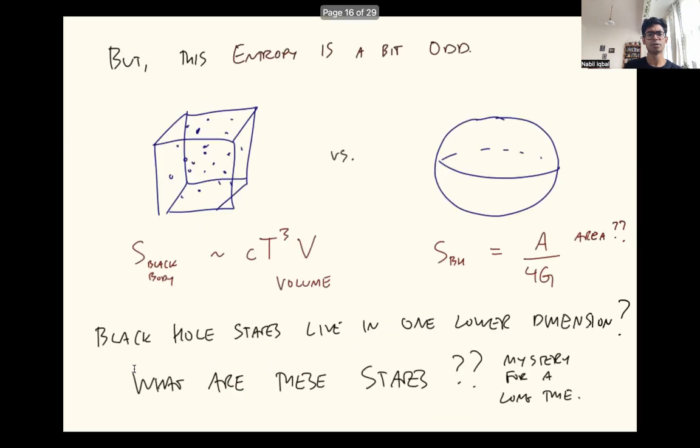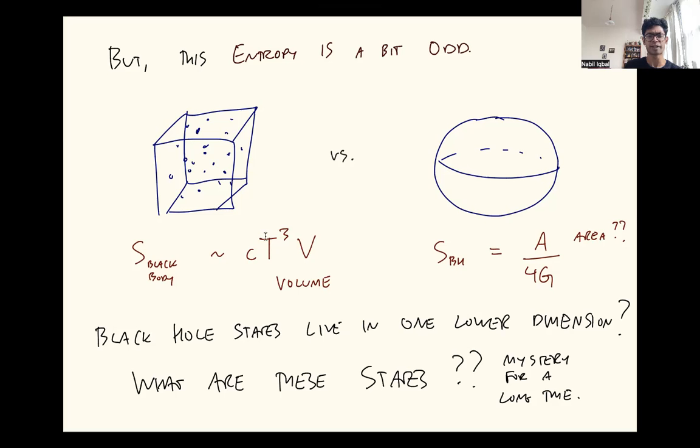But now, this entropy is a little bit odd. So what is odd about it? Let's go back to the entropy of our box of gas. The entropy of all ordinary systems basically goes like the volume of the box. I think people have done this calculation, so you know that this is true.